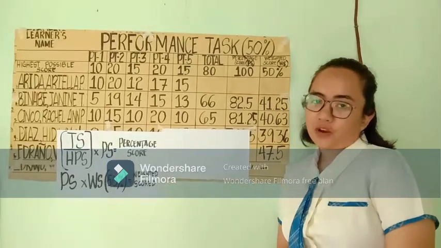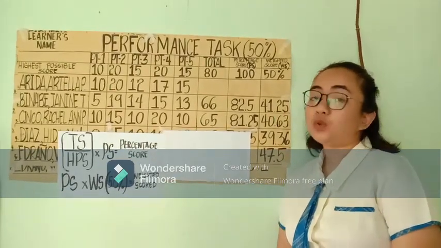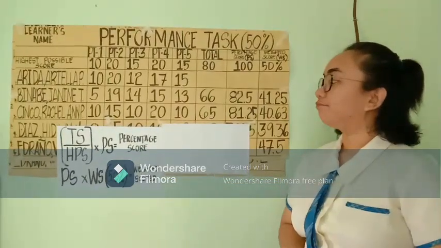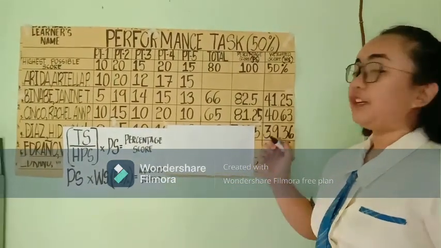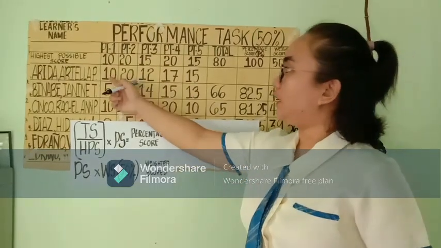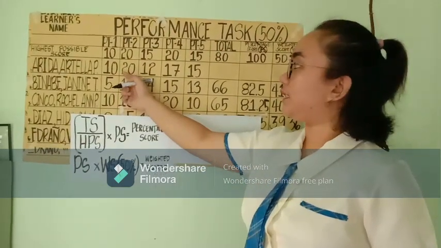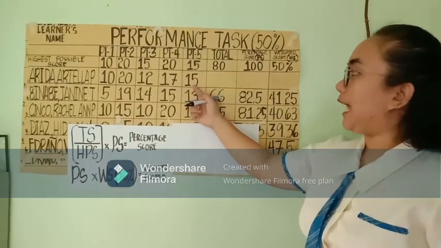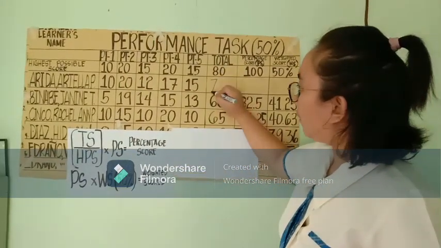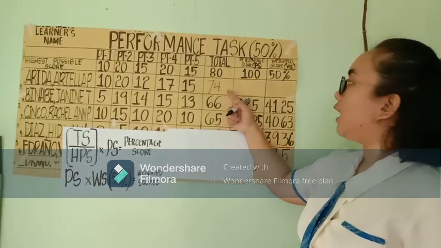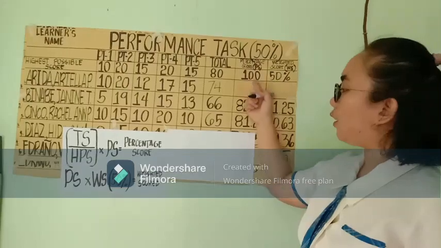In solving your performance task, you will use the same process as in written works. First, we will get the total score from the raw scores: 20 plus 20, plus 10 plus 12 plus 17 plus 15, that is 74. So your total score is 74, and then we will get the percentage score.